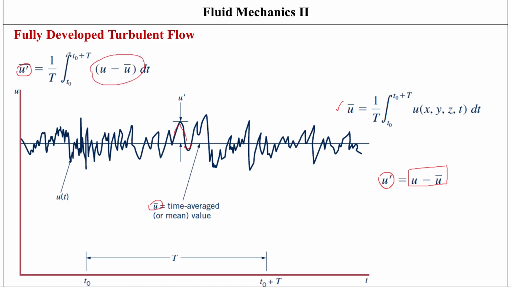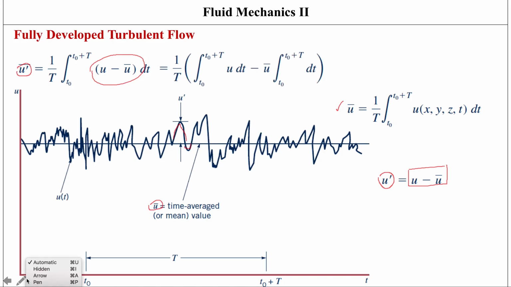I can simplify this integral, and I do that by opening up this integral and integrating, first of all, u itself, and then integrating the time averaged value. So why does the integral not apply onto u dash? Because it is a time averaged already. Okay, it has a constant value. It doesn't need to be within this integral because it's a constant.